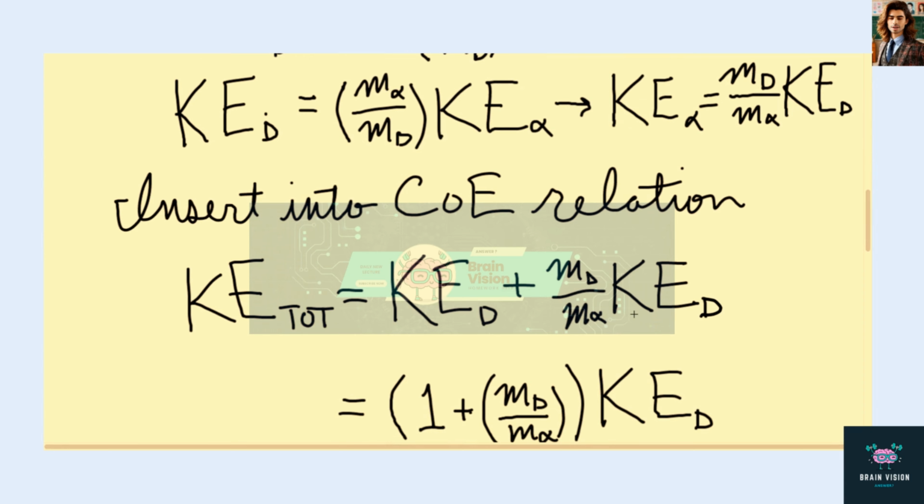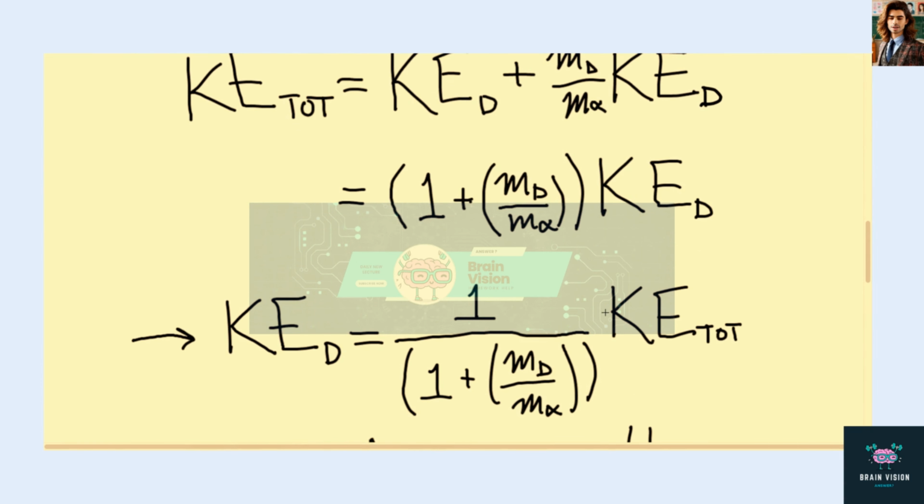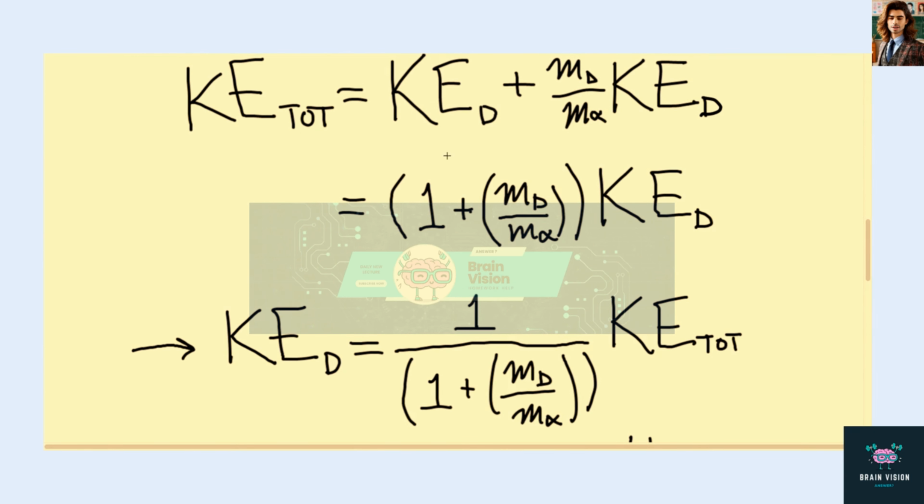We can factor out the kinetic energy of the daughter and express the kinetic energy as so. And then we can divide both sides by this coefficient, 1 plus the fraction mass of the daughter divided by the mass of the alpha particle.